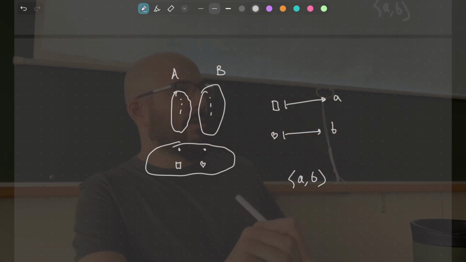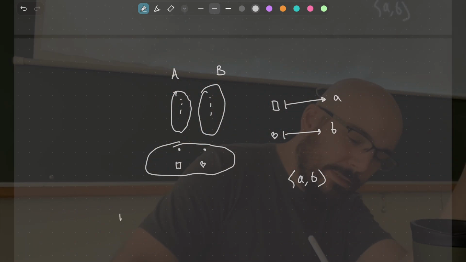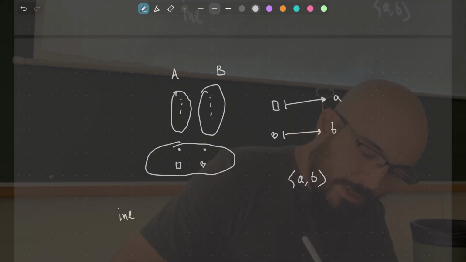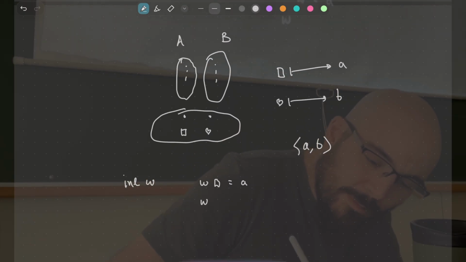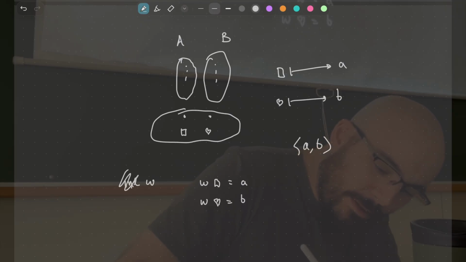Okay? So instead of doing left on your tuple, you will apply which function? Help me here. You will apply this W to the square. And it will say, this is A. If you apply the W to the heart, it will say this is B. So actually, the other notation is closer to this, so we'll use this.